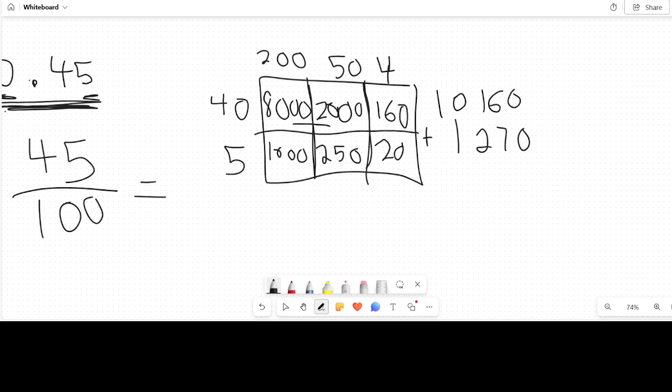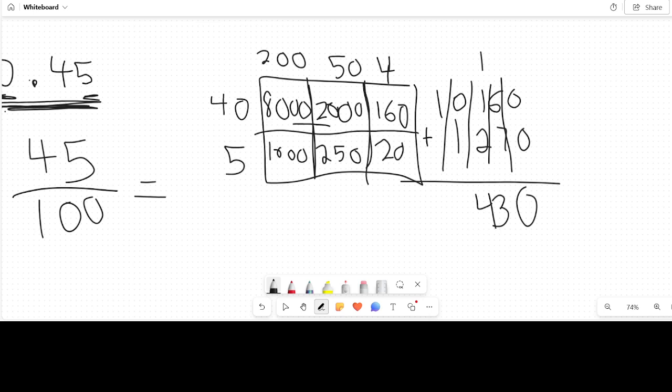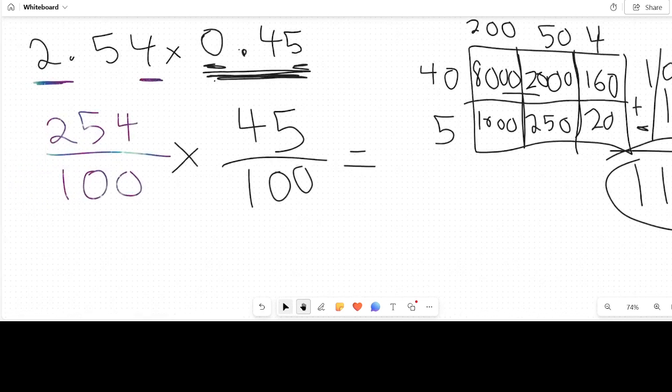Notice how I've kept my numbers all lined up by place value. 0 plus 0 is 0. 6 plus 7 is 13. 1 plus 1 plus 2 is 4. 0 plus 1 is 1. 1 plus nothing is 1. So I get 11,430.